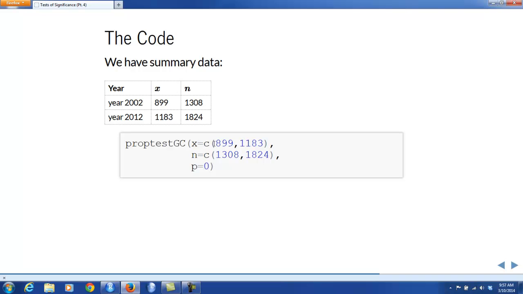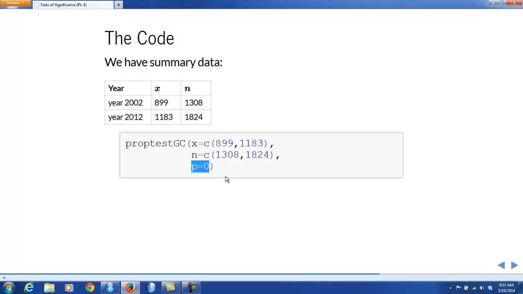So we make a list of our successes and a list of our sample sizes. The only thing you have to be careful to do is make sure the elements of the list match up. Year 2002 came first when we specified x. It also needs to come first when we specify the sample sizes.